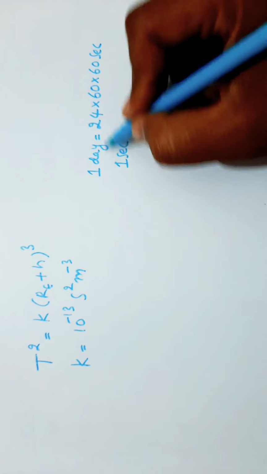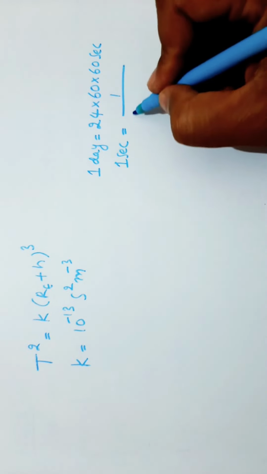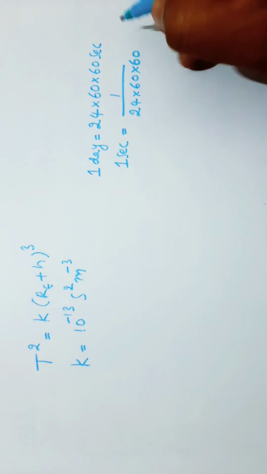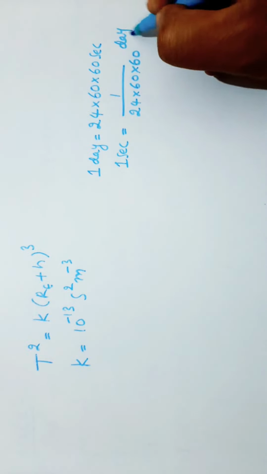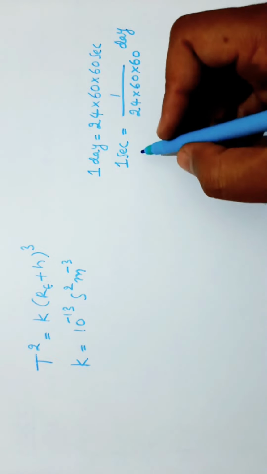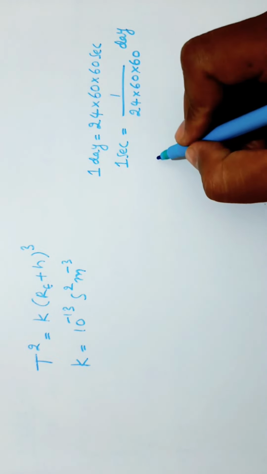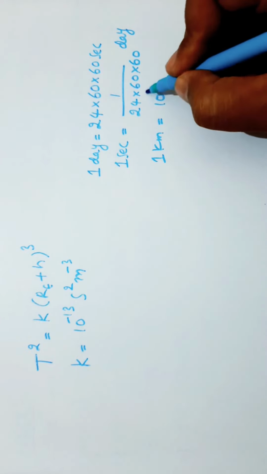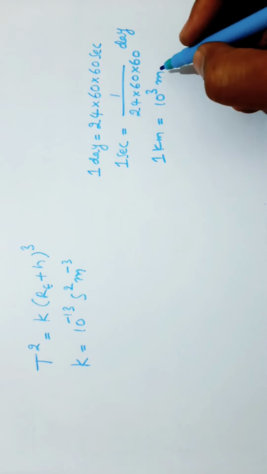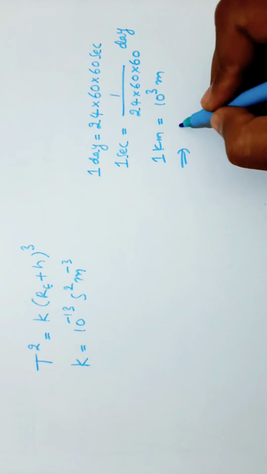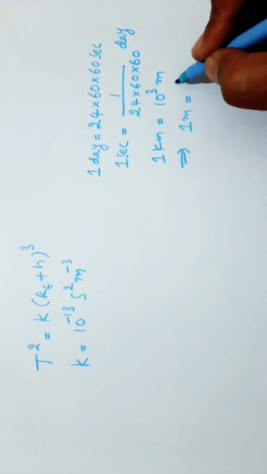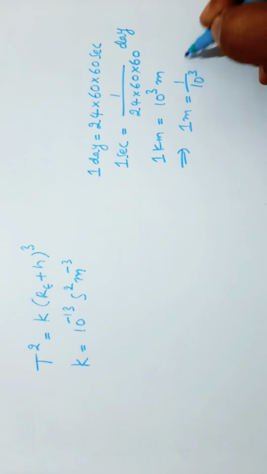Take this one to left side. So that is 1 by 24 into 60 into 60 days. So in the same way, 1 kilometer is equal 10 to the power of 3 meter. So from this 1 meter is equal, how we can write? Take this left side. So that is 1 by 10 cube kilometer.